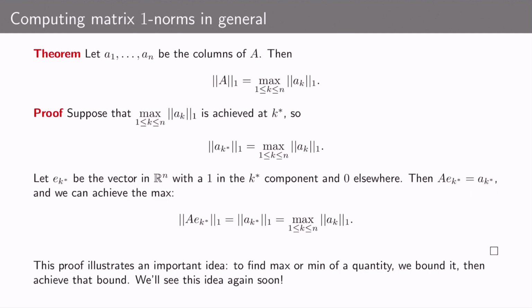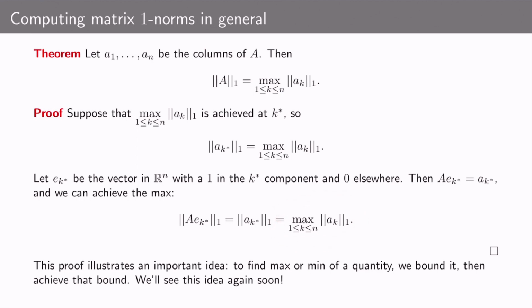So we have e_k star in 1 norm is equal to the 1 norm of a_k star, which, as before, is equal to the maximum over the 1 norms of the columns of A. So, by choosing x equals e_k star, we find that the 1 norm of Ax is as big as it can be. That shows that the 1 norm of A is actually equal to this quantity, the maximum over the norms of the columns of A.